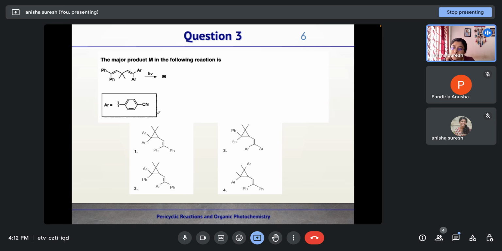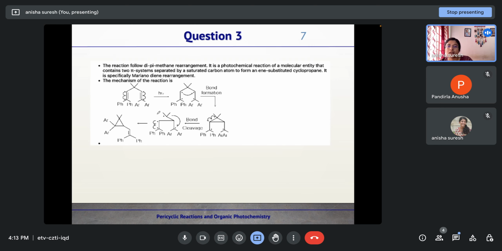So what is the reaction that is taking place here? Okay, we can see it is a di-pi-methane rearrangement that is taking place here.